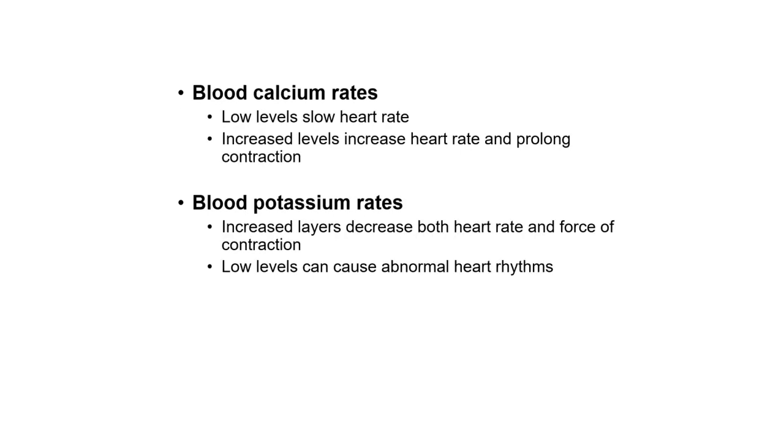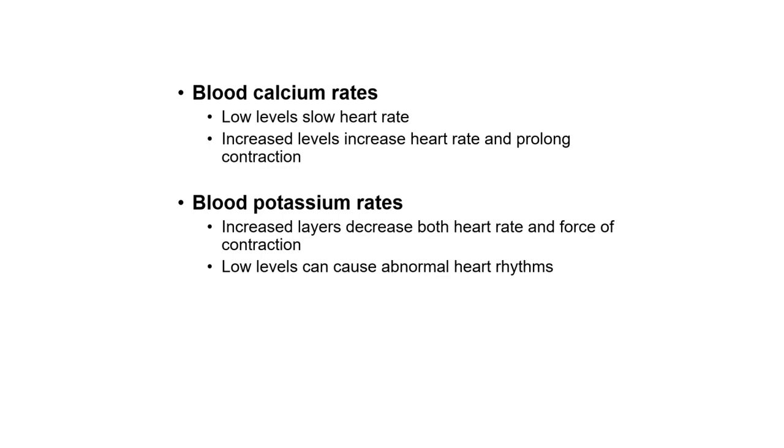Blood calcium levels and blood potassium levels. So if you have low levels of calcium, that can slow the heart rate. Increased levels can increase the heart rate and prolong contraction. And then potassium, that should say increased levels, will decrease both your heart rate and the force of contraction.